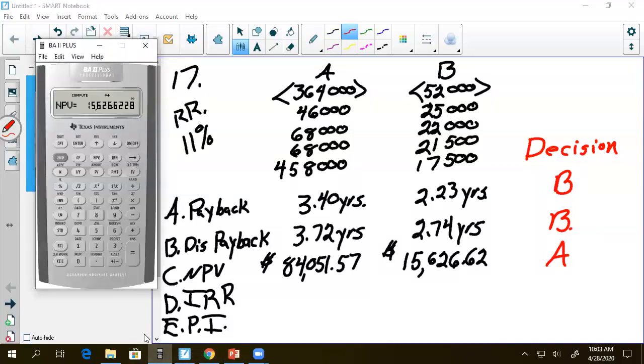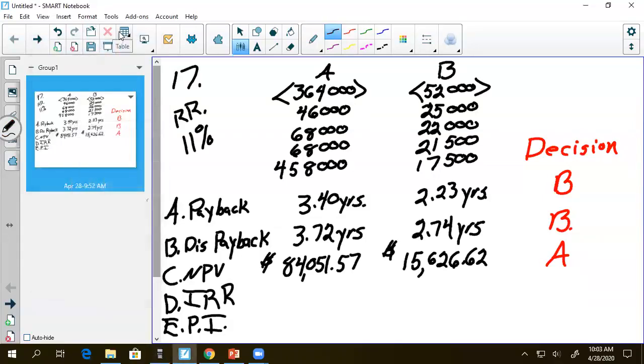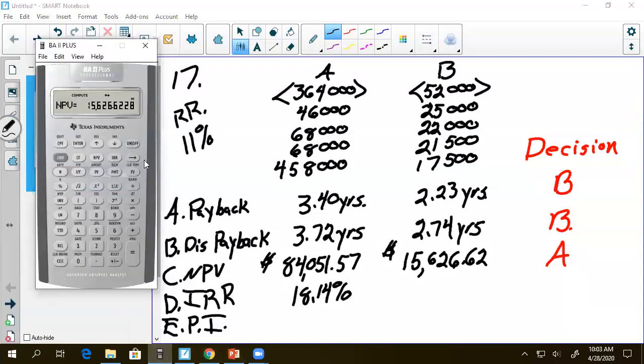Now, then we're going to talk about internal rate of return. So what's the internal rate of return for project A? I got 18.14. 18.14, right? Okay. And what is it for project B? Is it 25.29? Yes.